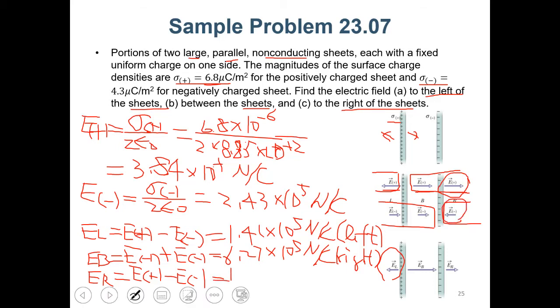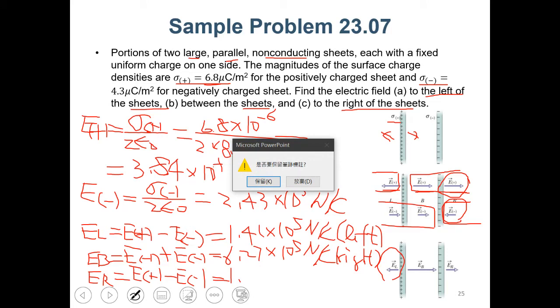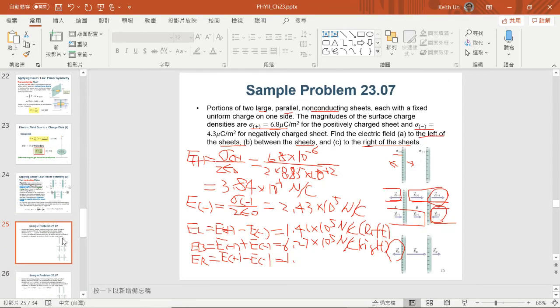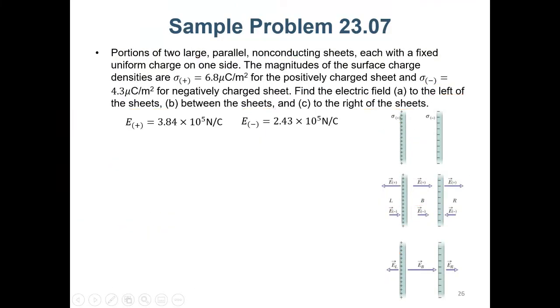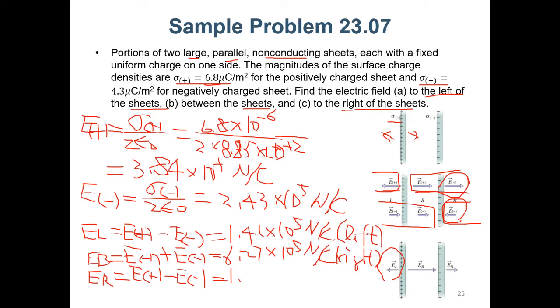So it's also 1.41 times 10 to the 5th power Newton per Coulomb, but this one points to the right side.